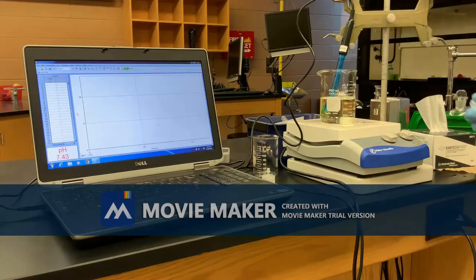So I've added 5 drops of the 0.1 molar acetic acid. And we're gonna keep up with how many drops I'm adding and see if we start seeing some stabilization as I add the drops of acetic acid. So we're gonna go with a pH of 8.05 for our initial pH. And so far I've added 5 drops.